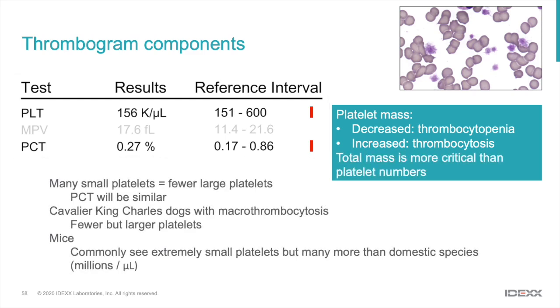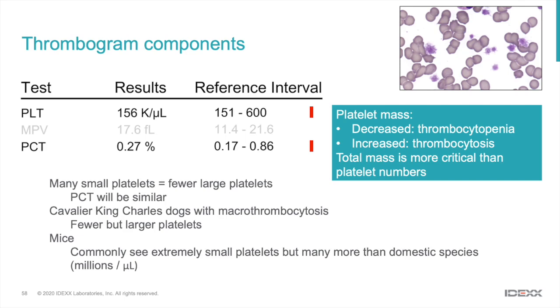The point we want to make is that the presence of many small platelets may be functionally similar to that of a sample that has fewer large platelets. And in both of those cases, even though the numbers are different, the platelet crits may be quite similar. Once more, that total mass with the platelet crit is more critical than the platelet numbers themselves.